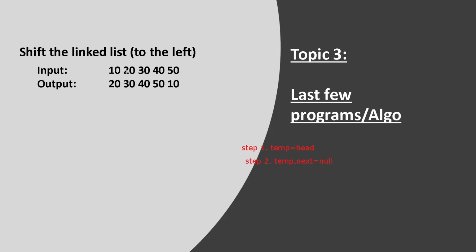That means the link between 10 and 20 I'm going to cut. And step 3, reach the end of the list. I'm trying to reach till the end, like 50. And then I recreate the link and add temp at the end as step 4. So that might also work.